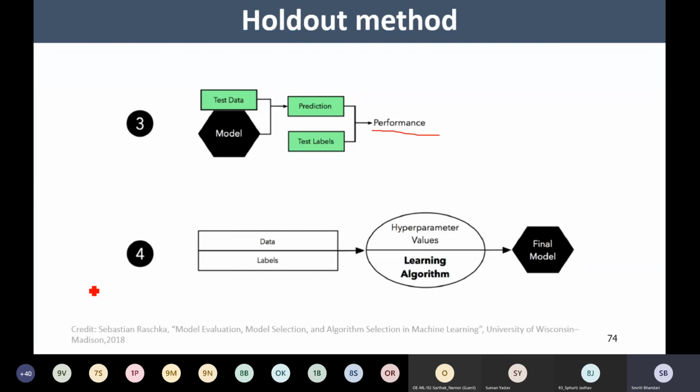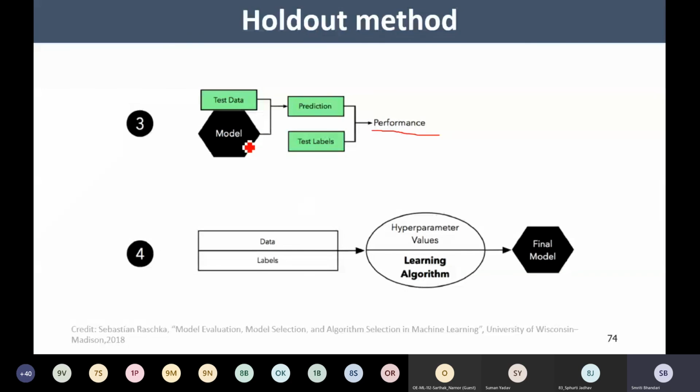And in the fourth step, once our model is ready, we have presented test data and computed the performance. If the performance is satisfactory, we say that this model is good enough. Otherwise, we try to tune the parameters once again and come up with another model.